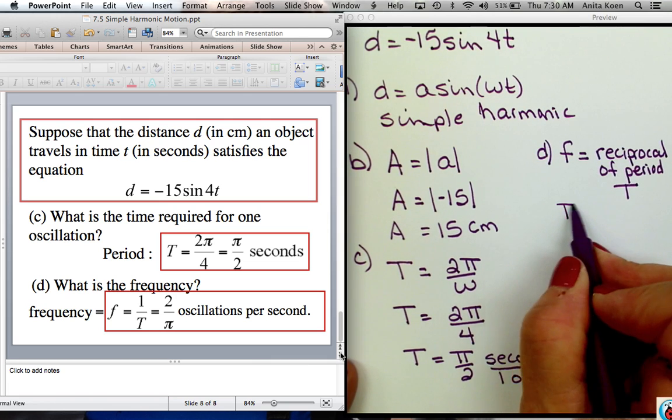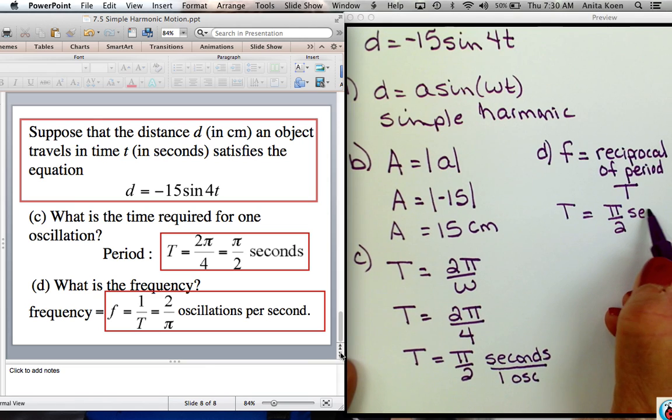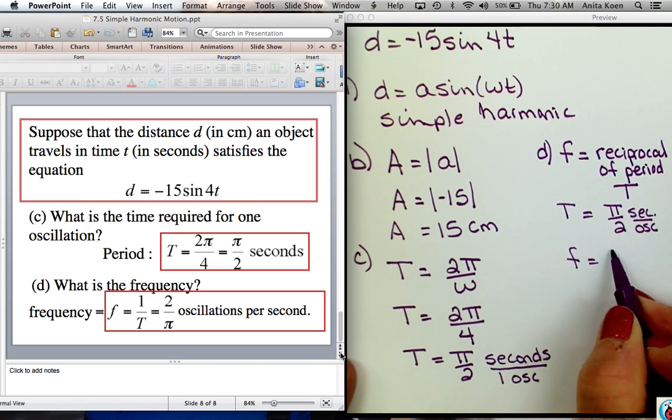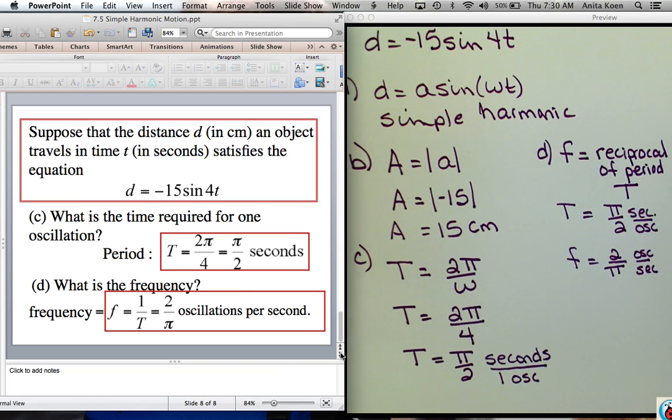So if t is pi over 2, and that's seconds per oscillation, then the frequency is simply 2 divided by pi, and that would be oscillations per second. And that's really all there is to simple harmonic motion.